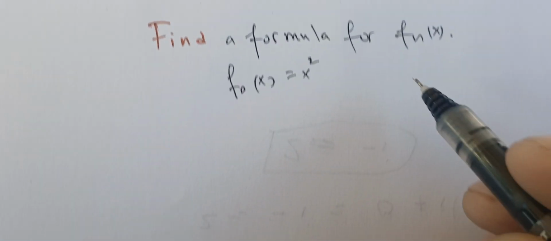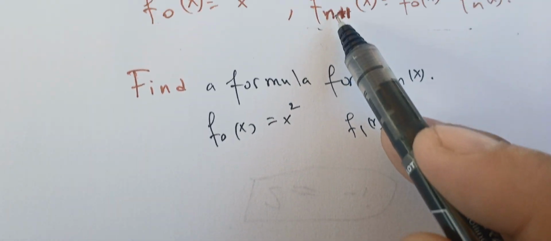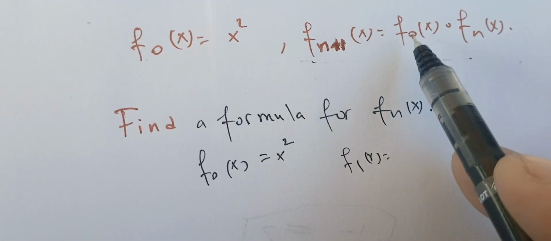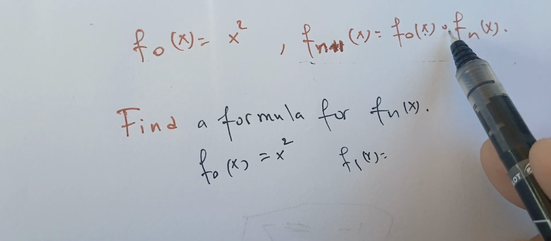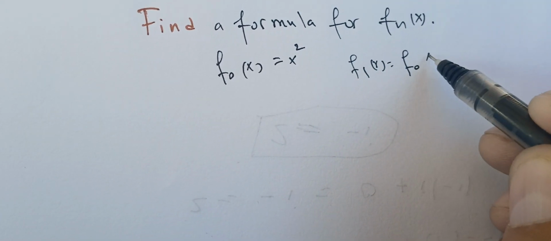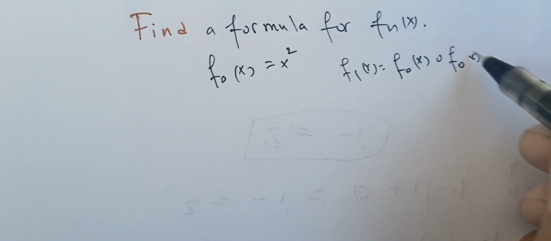So to find f1 of x, we're going to plug 0 here, and therefore we have f1 of x is f0 of x composed with f0 of x.